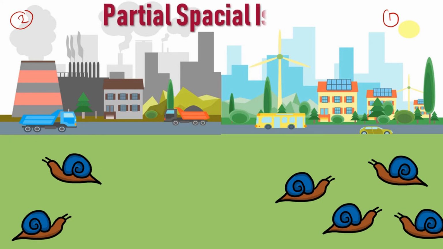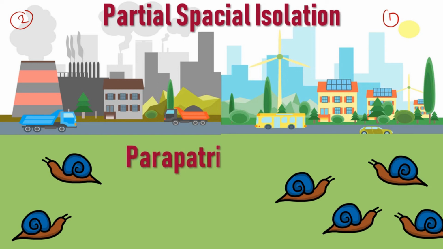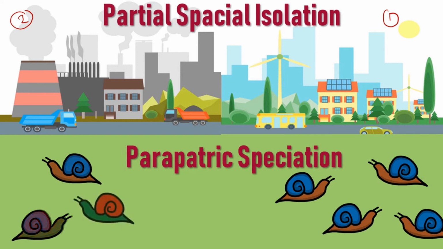Partial spatial isolation leads to parapatric speciation, that is, the snails in the clean and polluted areas become two distinct species over a period of time. However, the two species are connected through a hybrid zone.